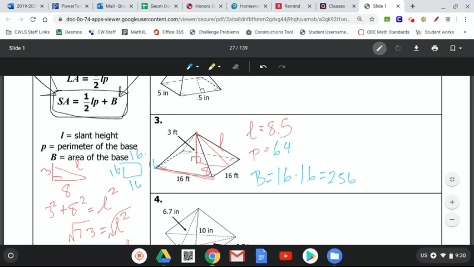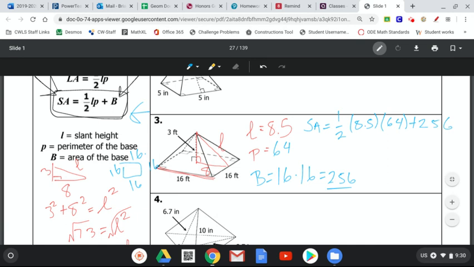All right, so plugging everything into our surface area formula right over here. Surface area equals 1/2 L times P, so that's going to be 8.5 times P, which is 64, plus B, which we found out is 256.